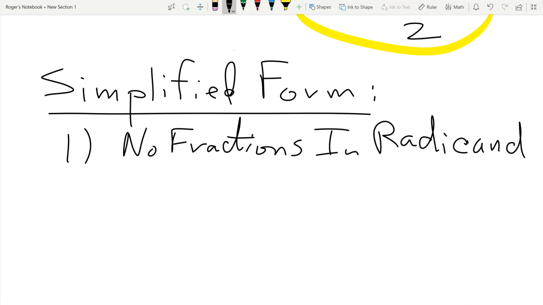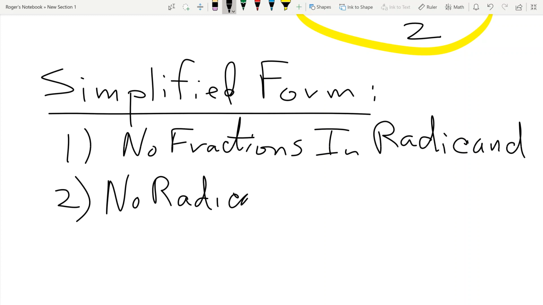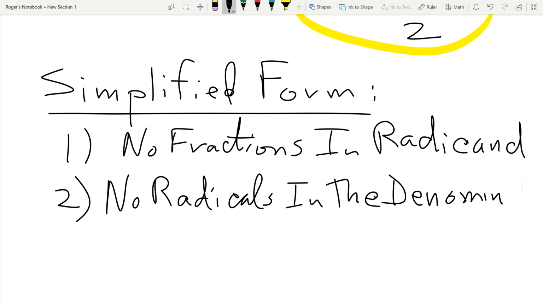Secondly, you can have no radicals in the denominator. Okay, no radicals in the denominator.